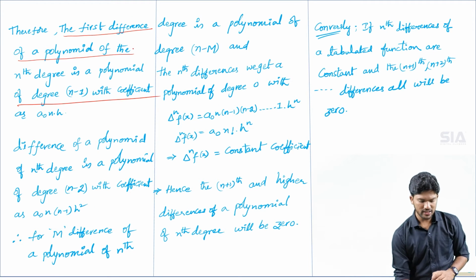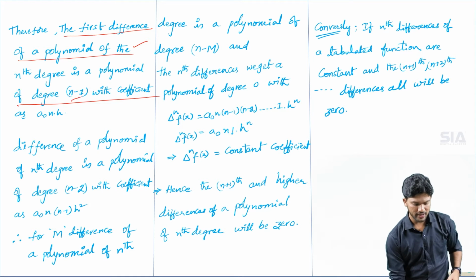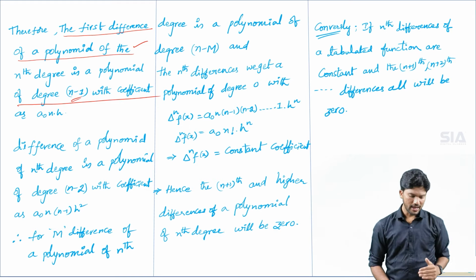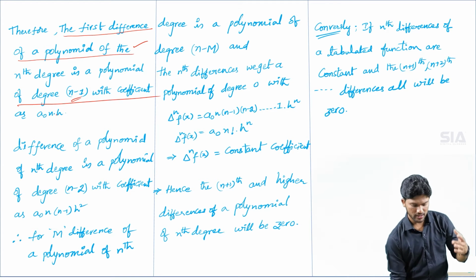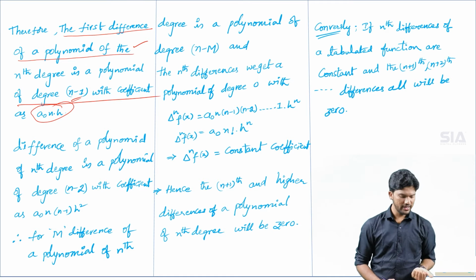The first difference of a polynomial of the nth degree is a polynomial of degree n−1 with leading coefficient a₀·n·h.